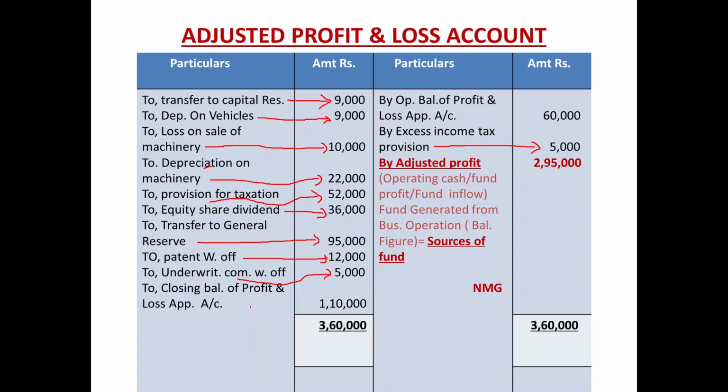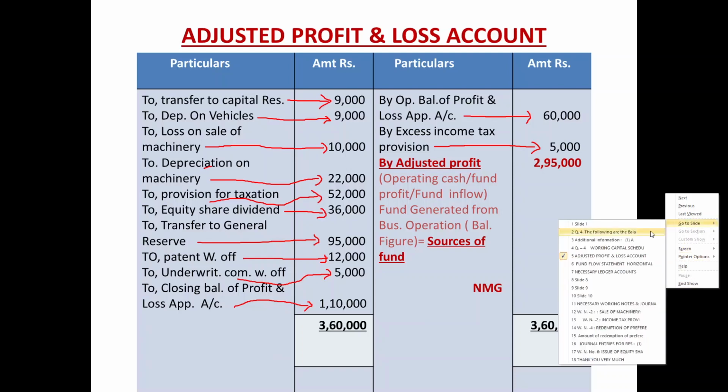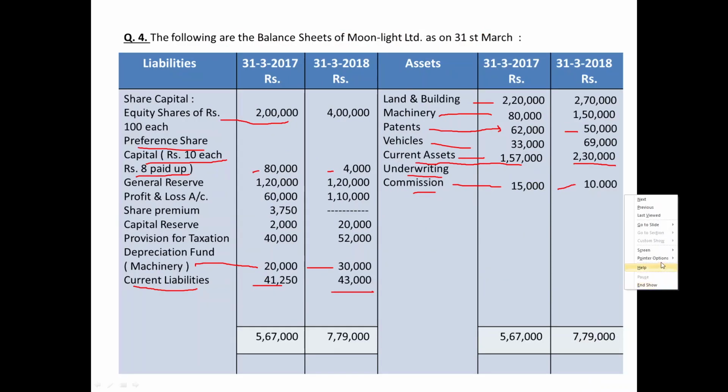These are the balances: profit and loss appropriation account, balance of current year as a closing balance 1,10,000, and opening balance of last year 16,000. Once again, balance sheet verification. Come on the liability side. We completed the asset side. Let us verify the liability side.